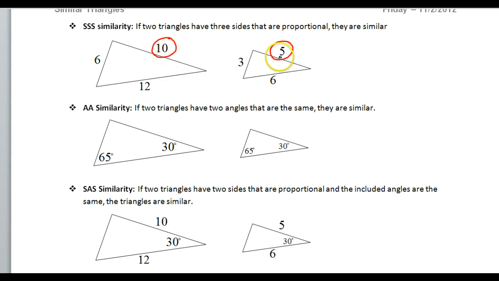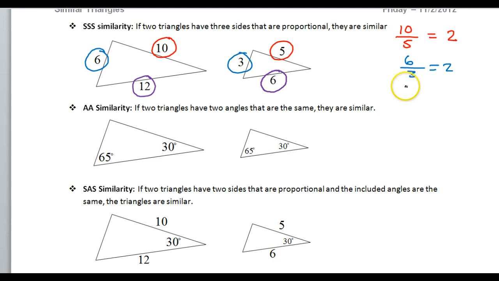For example, 10 and 5 are corresponding sides, and if I do 10 over 5 as a ratio, I get 2. 6 and 3 are corresponding sides, and if I do 6 over 3, I get 2. 12 and 6 are corresponding sides. If I do 12 over 6, I get 2. So this is what it means when I say all three pairs of sides need to be proportional. So that would be side-side-side similarity.